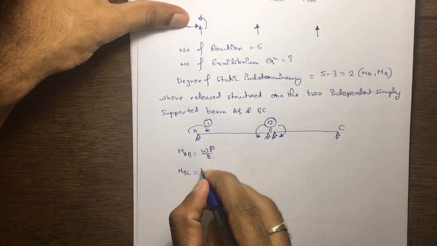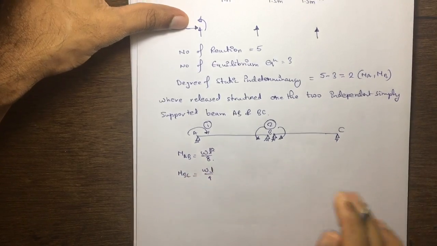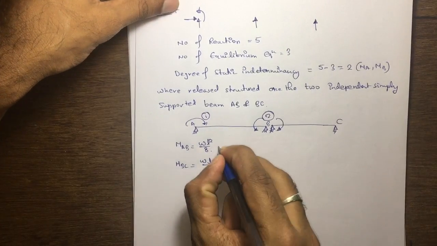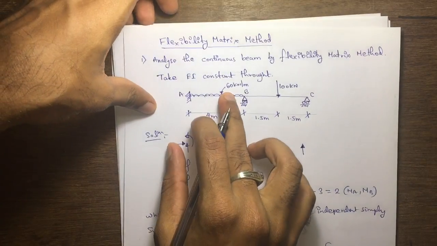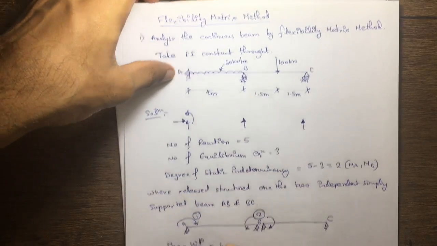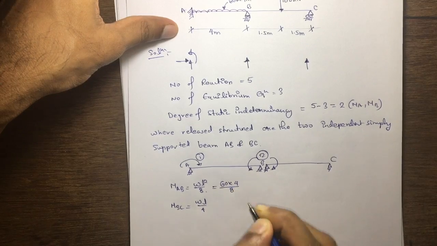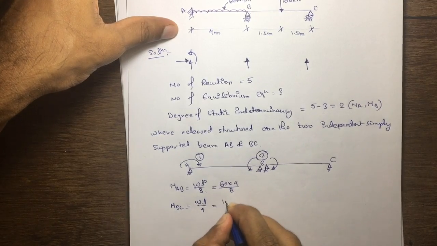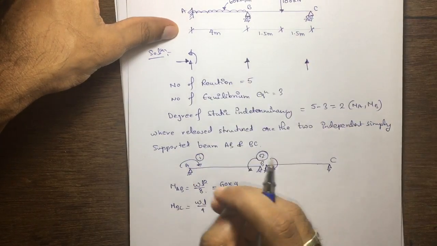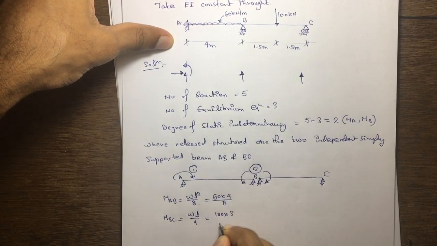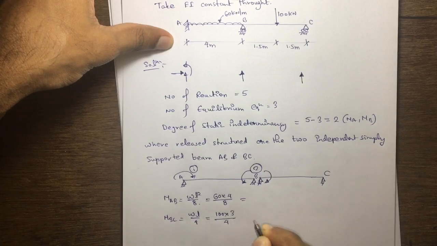For MBC, WL divided by 4, because that is acted on by a point load. Where W value for the first beam is 60, length is 4 meter divided by 8; second one 100, point load, into length 3 meter divided by 4.